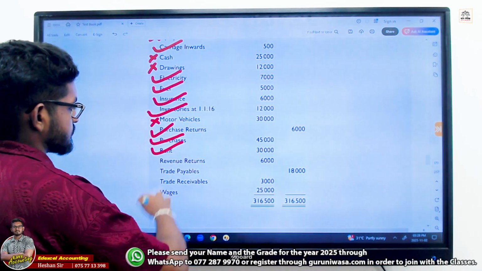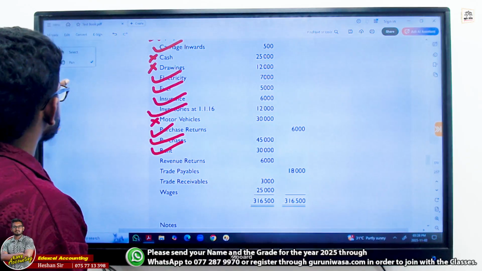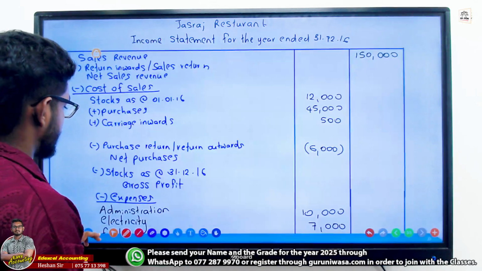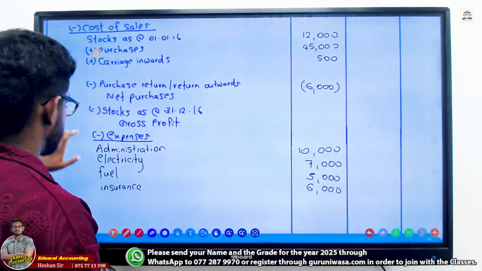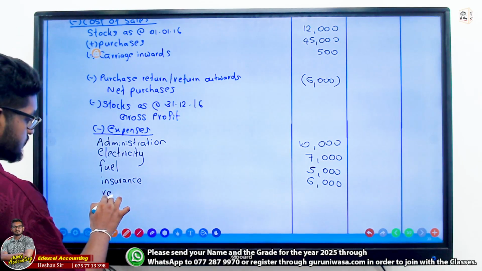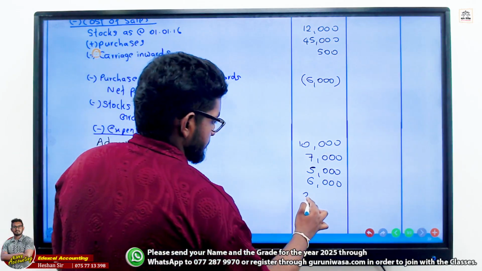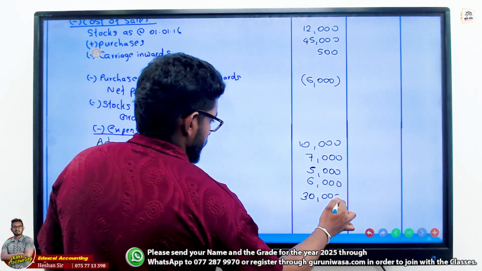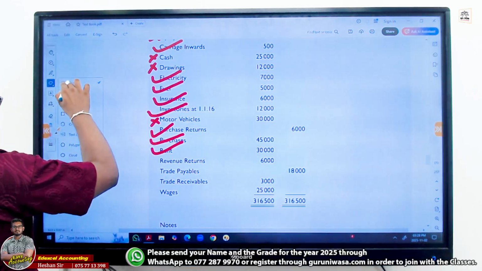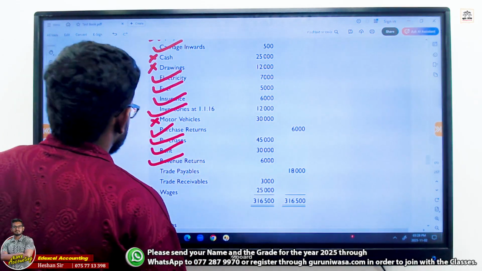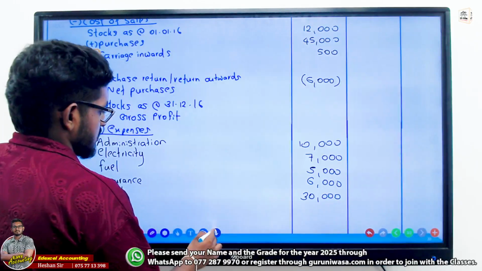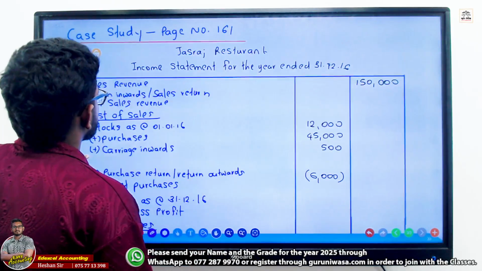Rent 30,000 is an expense, it comes under here. Revenue return 6,000, income decreases, so we write it under here.